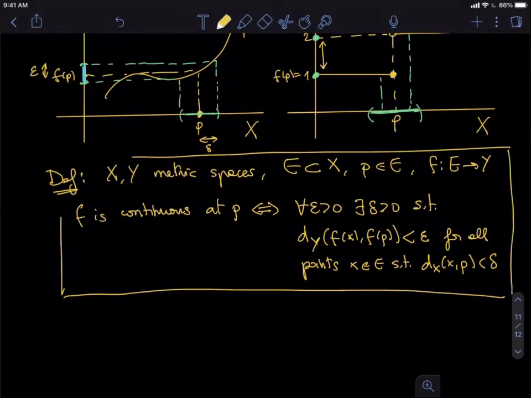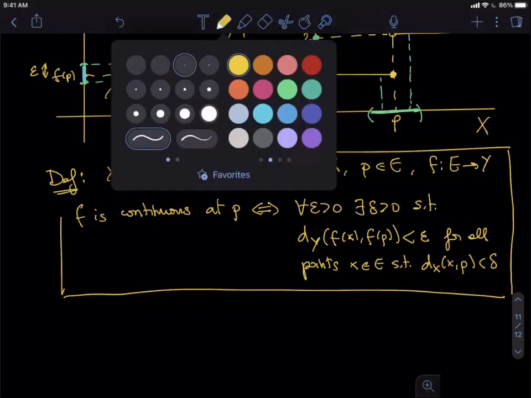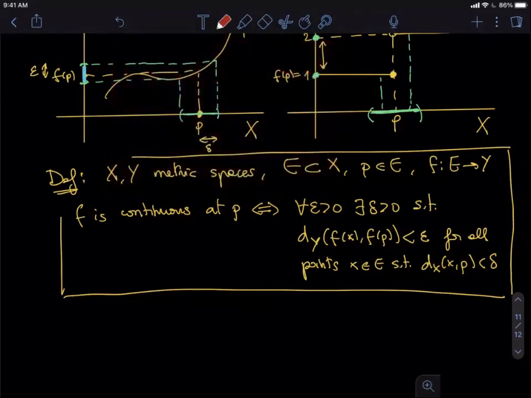So here what we are saying is: fix an interval as big as you want around f of p, and you can map it back. The way we did it when we were doing the heuristics was from x to y, but actually with continuous functions we work it back.